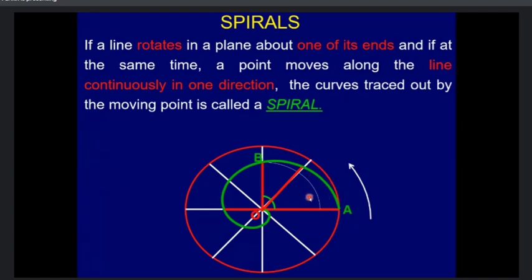A spiral is nothing but, as you can see here, this disc is attached with some angular displacement or angular velocity. Similarly, this point A is moved to point O as the disc rotates.